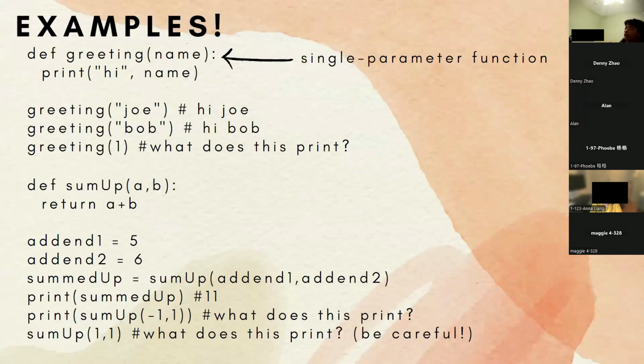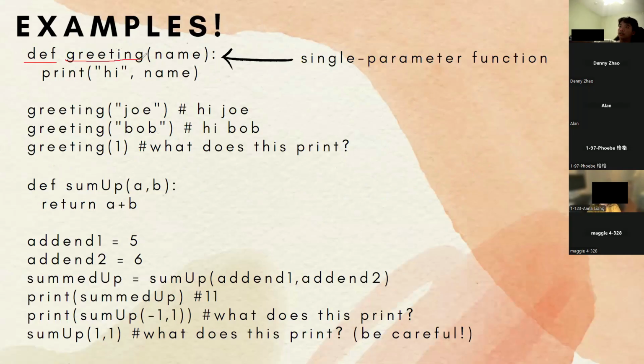A parameter of a function is the function's own private variables. Does that make sense? Functions have their own parameters, basically their own private set of variables. And remember, variables have a name. So remember, this is how we define a function: def, and we give it a name.